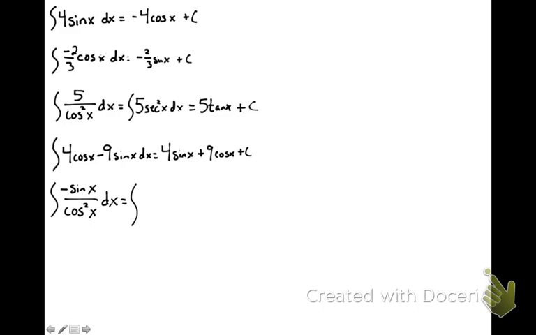So sine over cosine, since it's tangent, this must have been something like negative tangent x. And I know 1 over cosine x is secant x. So I can rewrite this as negative tangent x secant x dx. And I know that that is the derivative of secant x, which is related to it. So the integral of this would be negative secant x plus c.